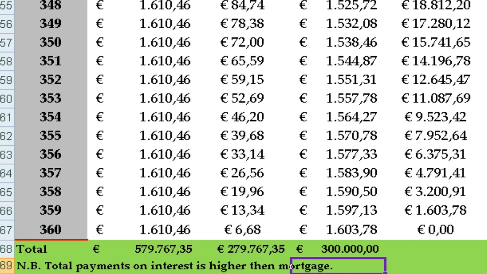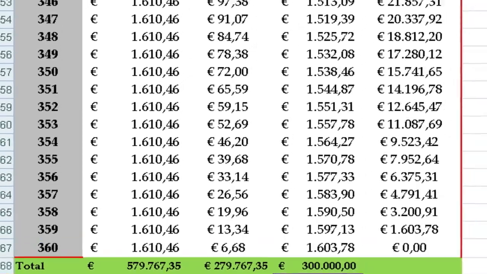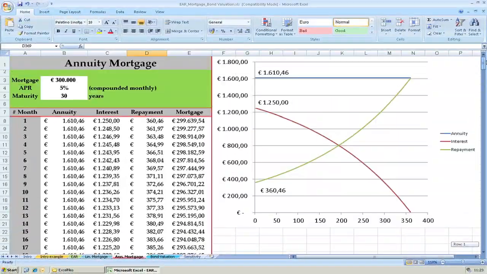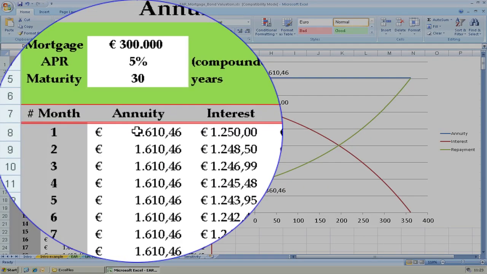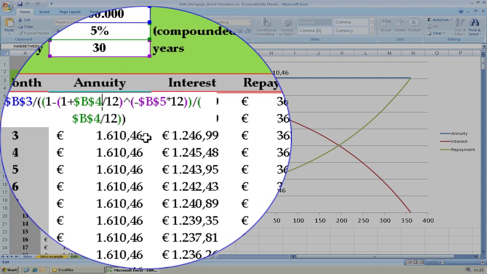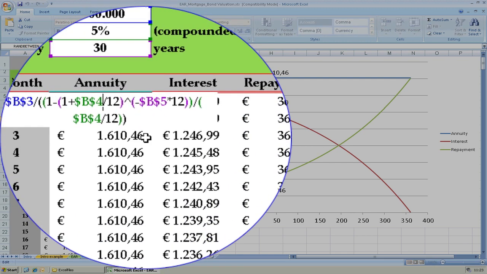So this is how an annuity mortgage works. And the new thing is that we needed this special formula, the formula we used already with other present value calculations. We said, okay, we now get 300,000, and in the future we'll be paying 360 times a certain amount of money, the annuity.